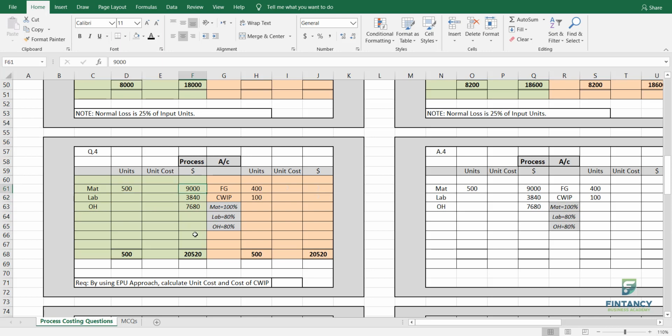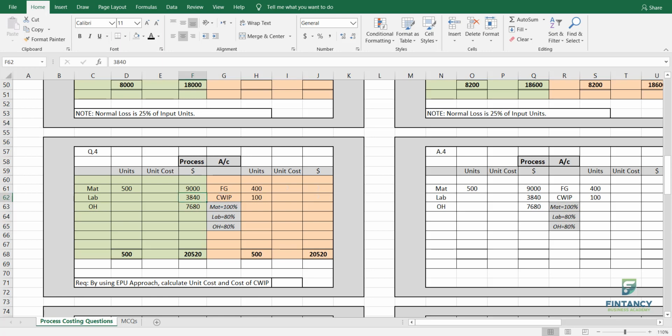The cost is 9,000. Labor is this much, overhead is this much, total this much. Now finished goods they say 400, and they told you CWIP, which means closing work in progress. So closing work in progress means these are some units which are not fully completed. So how many units are not fully completed? 100. Right?